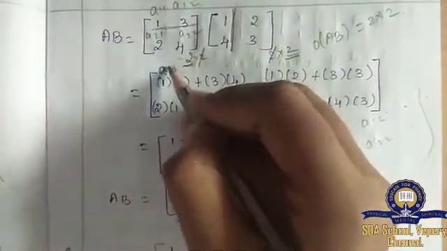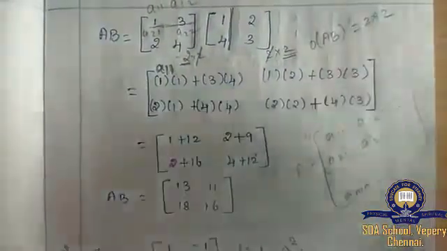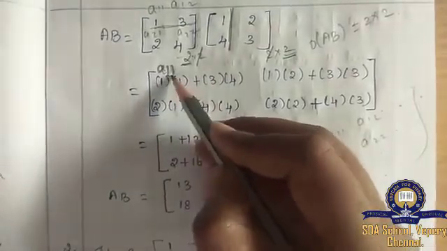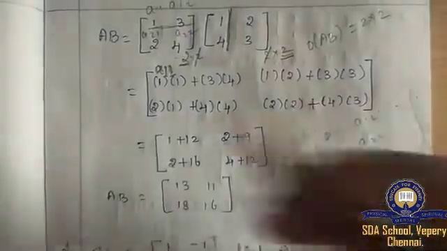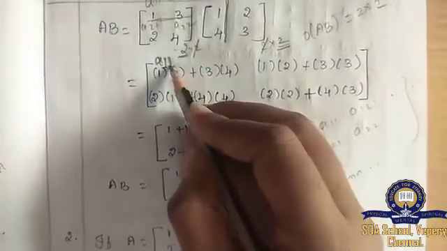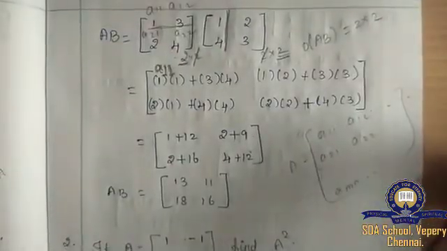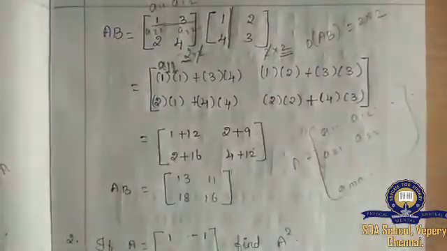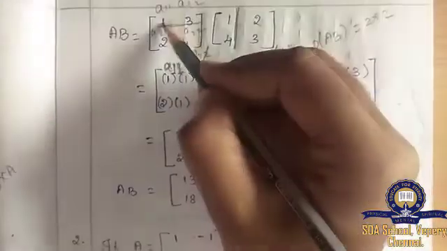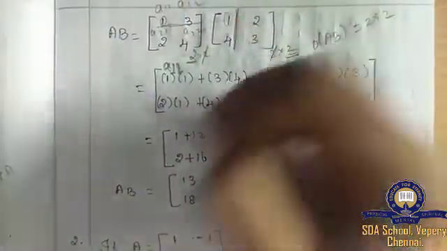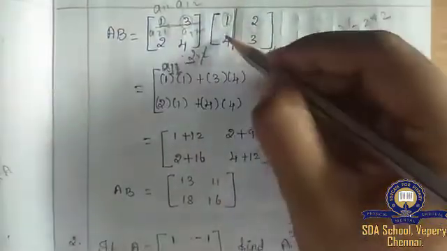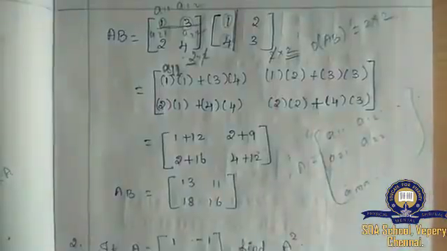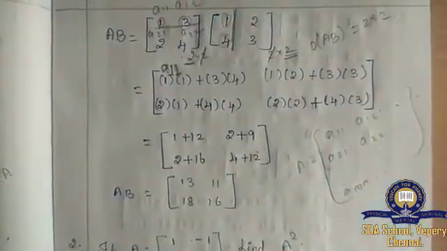Corresponding elements will get multiplied. Corresponding means the first element with the first element, and the second element should be multiplied with the second element. This is the procedure for finding the multiplication.